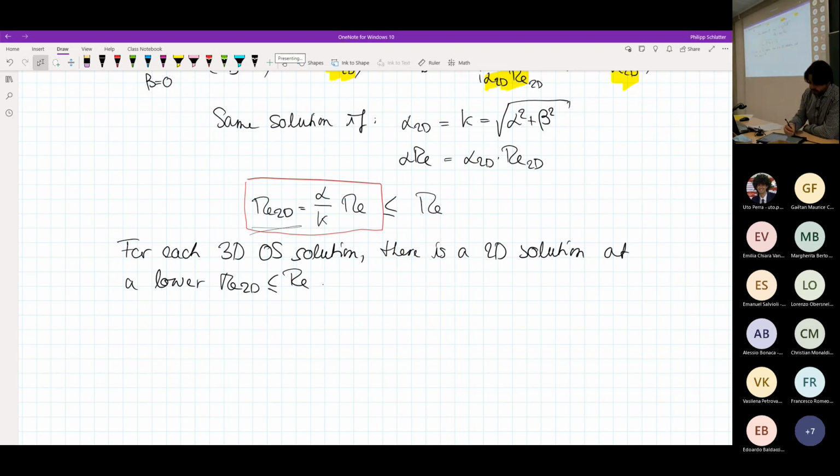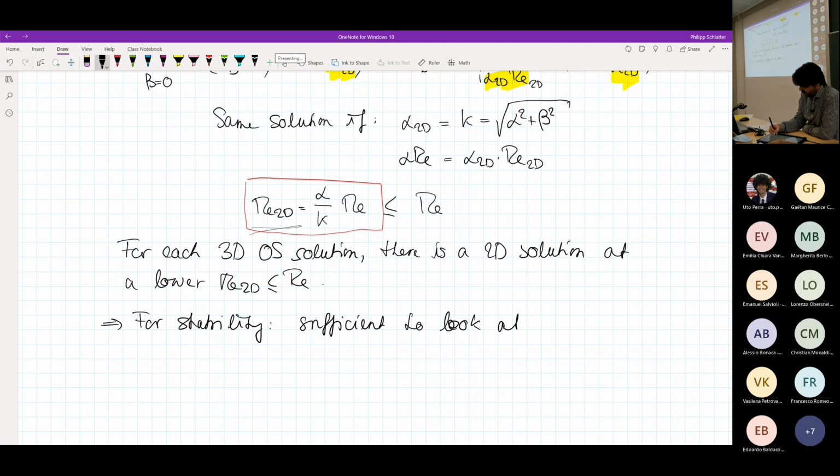So that means, in the end, if I'm interested in stability, it is sufficient to look at the 2D Sommerfeld equation.